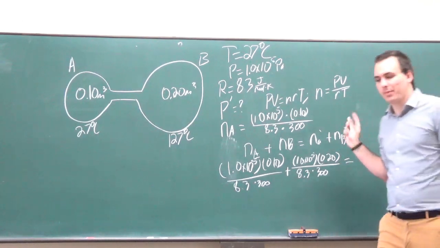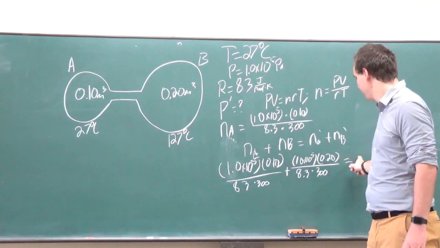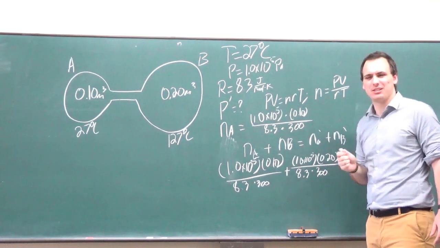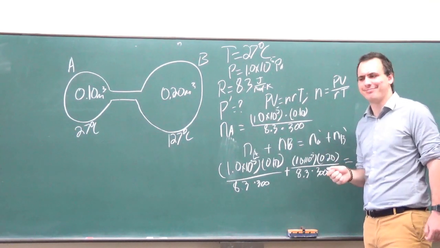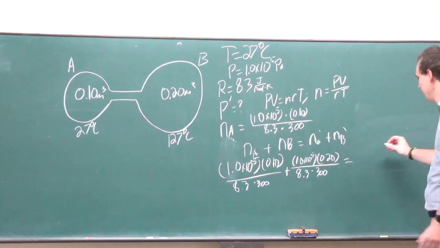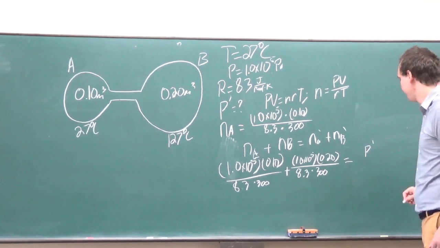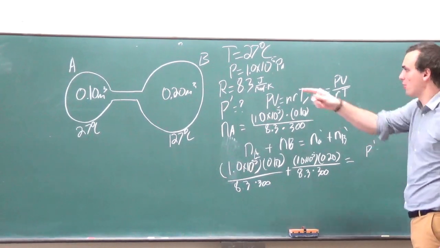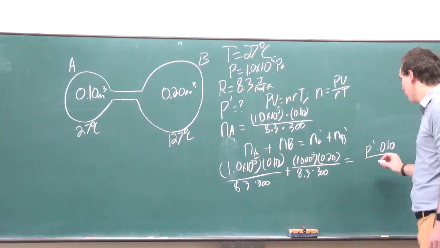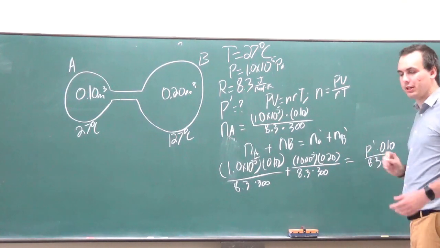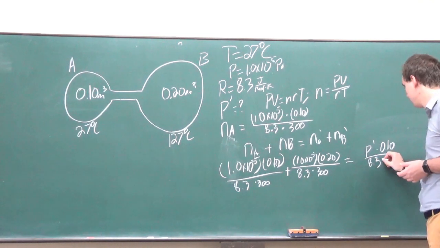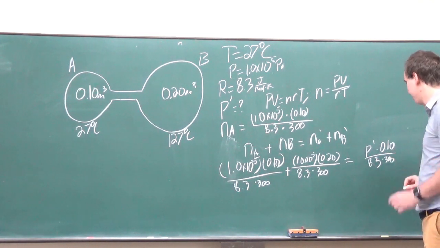This side gets a little tricky because we don't know the pressure. We're trying to find it. So I'm just going to put pressure. So we have the pressure times the volume of A, 0.10, over 8.3 times, well, 300. The temperature is the same.